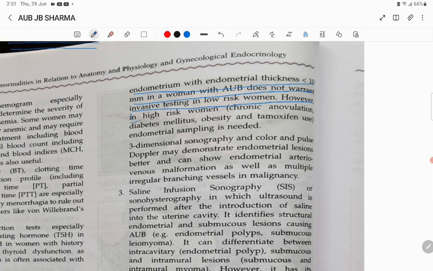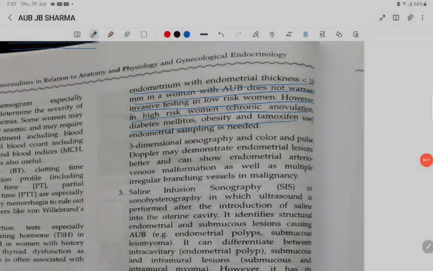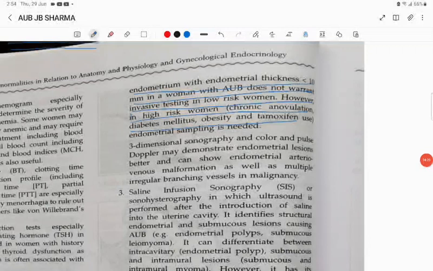However, in high risk women, such as chronic anovulation, diabetes mellitus, obesity, or tamoxifen use, testing is needed. 3D sonography with color pulse Doppler may demonstrate endometrial lesions better.